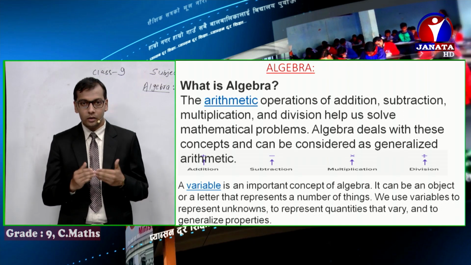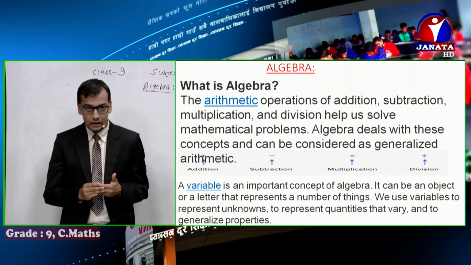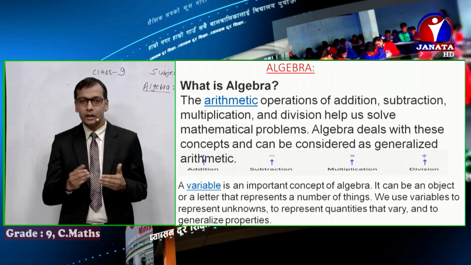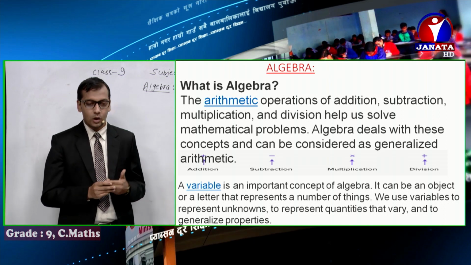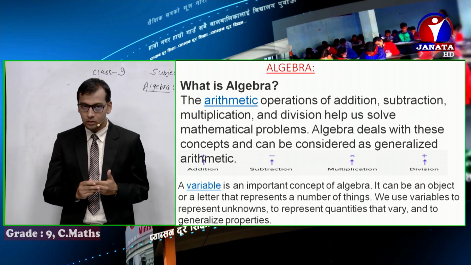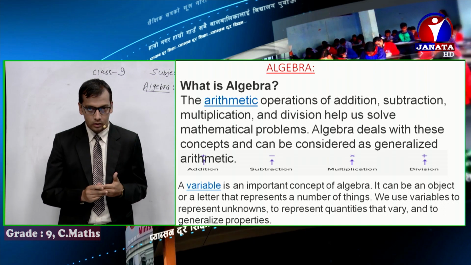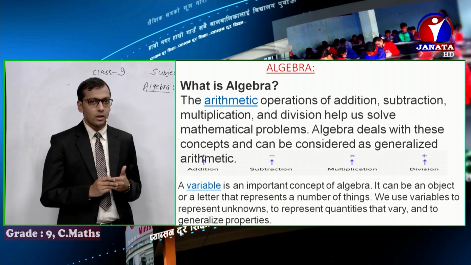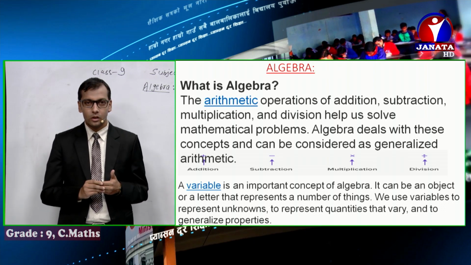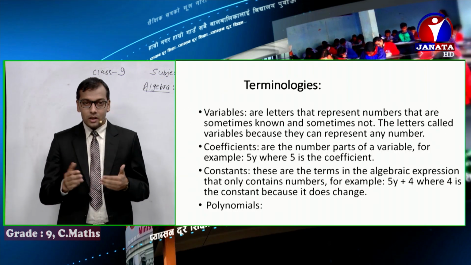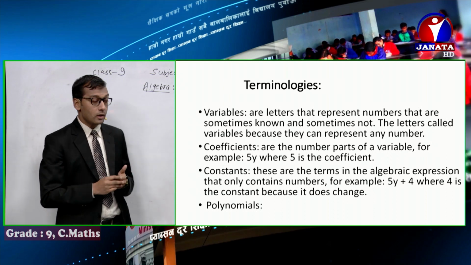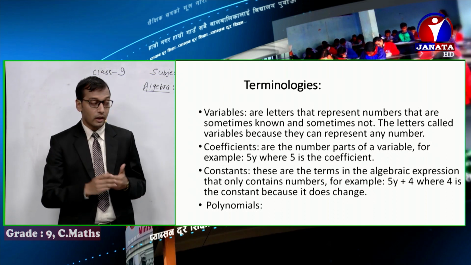Basically, we will focus today on the different terms. Shortly I will talk on this, and then our main objective today is what is factorization, what are factors, and we will practice some questions on factorization. So let's read what are variables, coefficient, constant and polynomials.